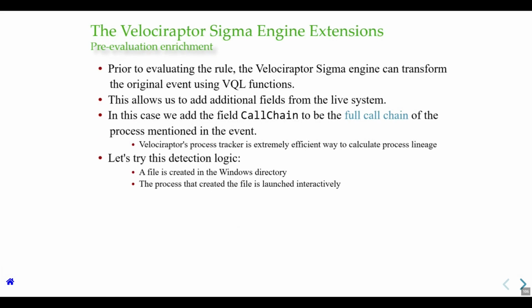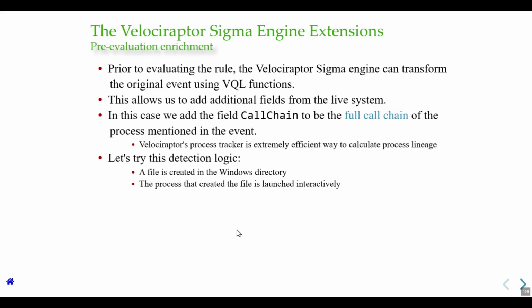So the Velociraptor Sigma engine extends the Sigma standard to allow for enrichment. And there's two types of enrichment. There's pre-evaluation enrichment and post-evaluation enrichment. And I'm just going to give you a quick example of each and show you how it can be very useful.